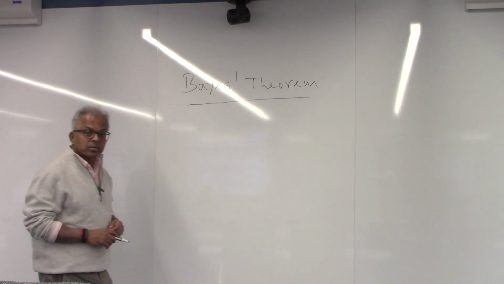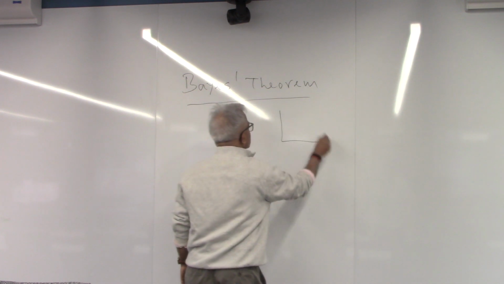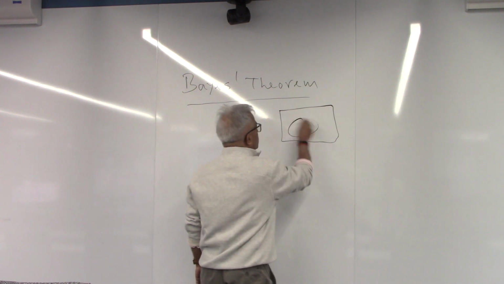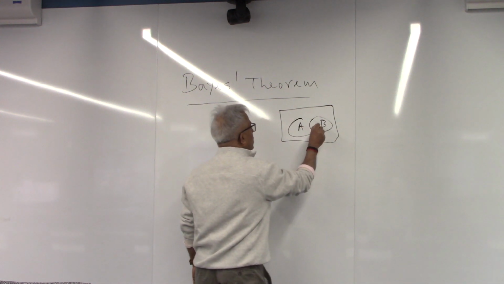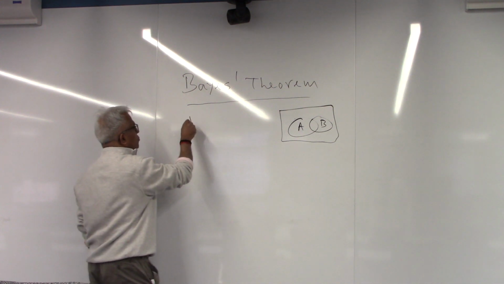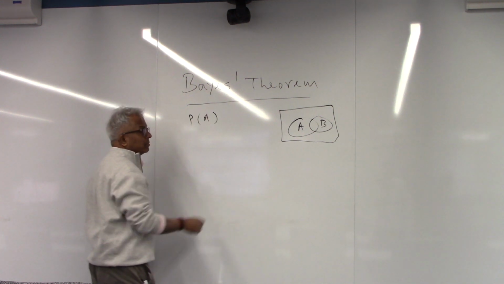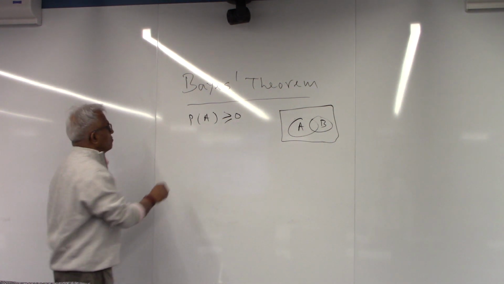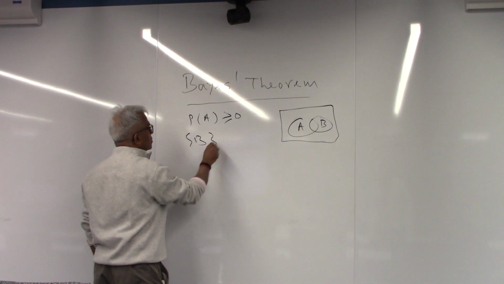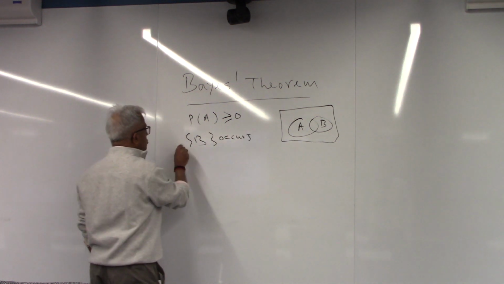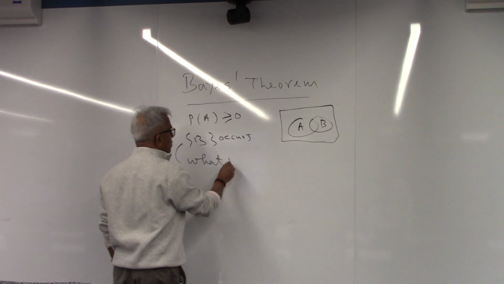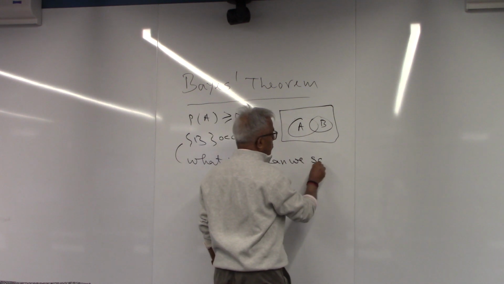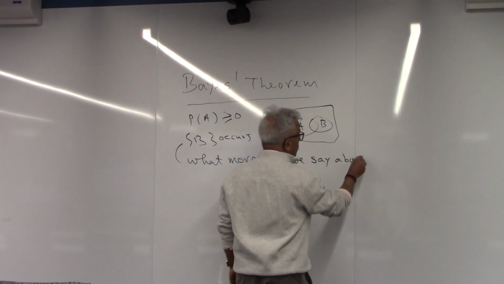So Bayes' theorem is mainly about inference. Let me do the basic Bayes' theorem. For example, if you have events A, B, etc., we have, of course, the probability of A. Then the question is, if B occurs, what more can you say about A?